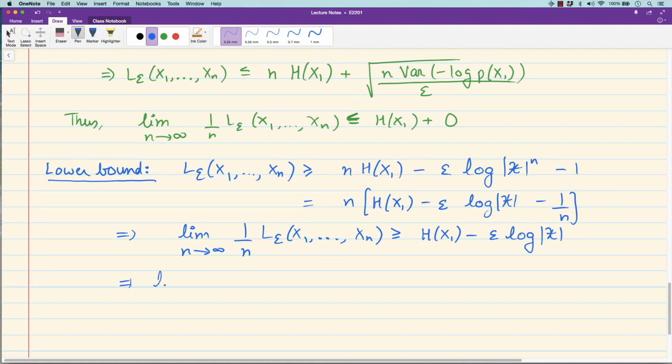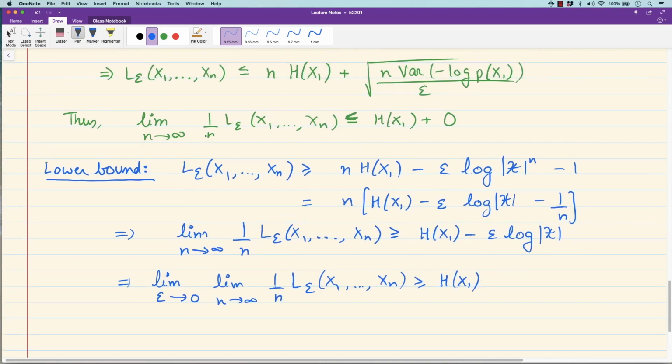So now what we are interested in is the limit as epsilon goes to 0. So what happens when epsilon goes to 0? The error goes to 0. Well, that's the interesting part. This error term here vanishes, and so you have h of x1.